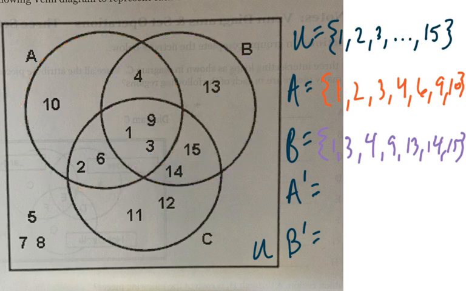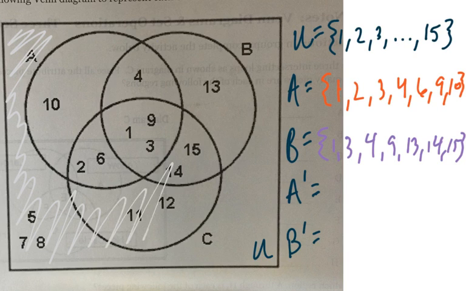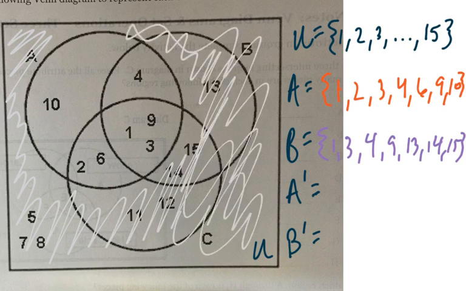For A complement, remember that is everything in the universal set that is not in A. So based on our shading we did in the previous video, I'm going to shade that region. It's everything except for what's in A. So those values are what's in the universal set, but not in any of the other sets. So 5, 7, 8.